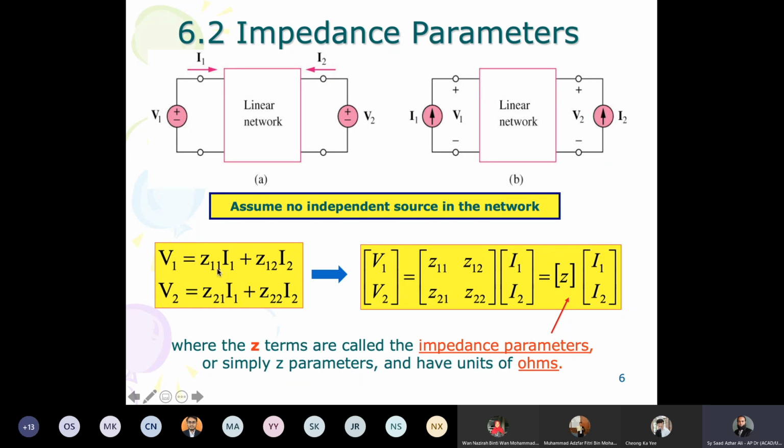This is Ohm's law for V1 and I2. This is Ohm's law for V2 and I1, and this is Ohm's law for V2 and I2. In matrix form, we put I1 and I2 in a vector. So Z11, Z12 becomes the first row, Z21, Z22 becomes the second row, and so on.